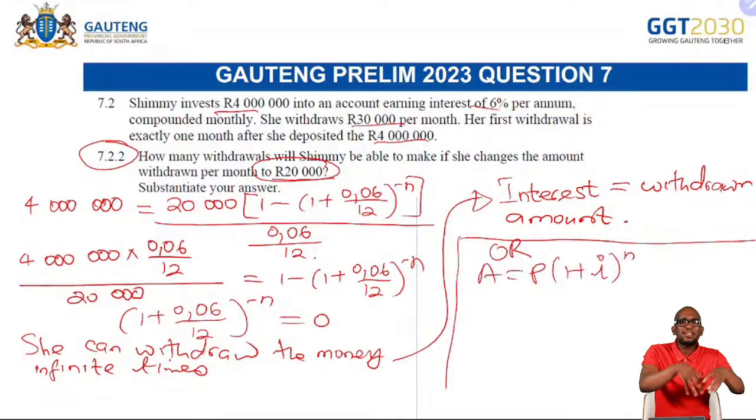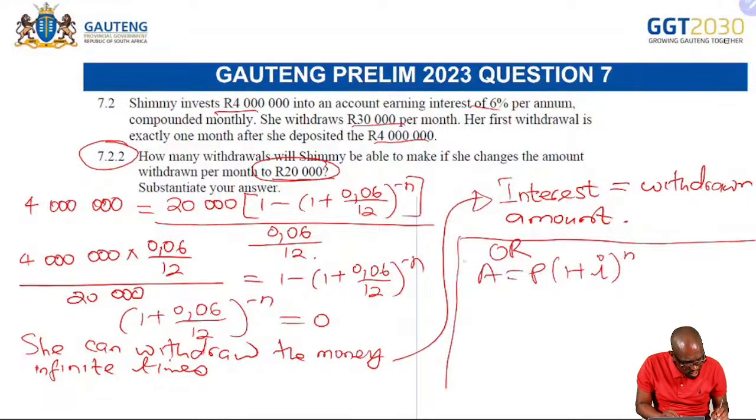So the following month it gains an interest of 20,000. She withdraws 20,000. The following month, and so on and so on. So you get to see that the money that she withdraws is only the interest. So the 4 million that she invested is not going to be touched, because she's only withdrawing interest. So she can withdraw infinitely many times, because she is not tampering with the money that she invested. She's only taking the interest out of that money.